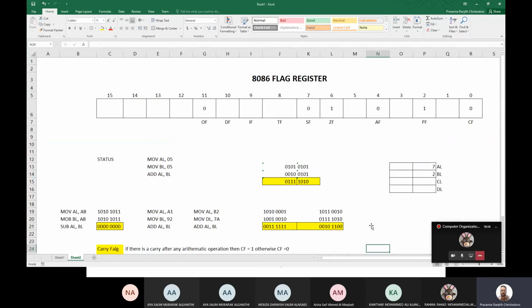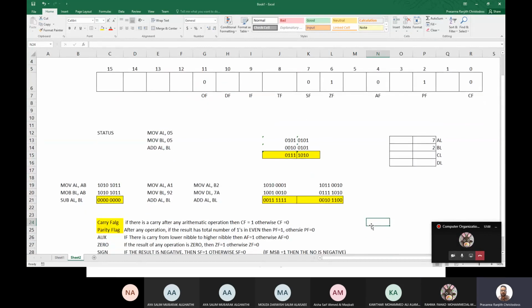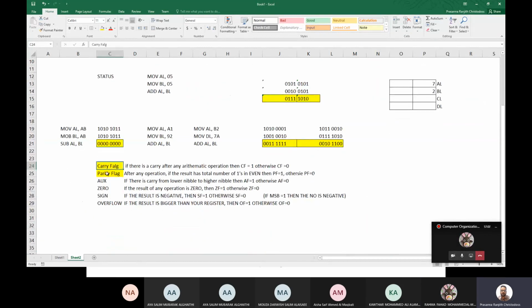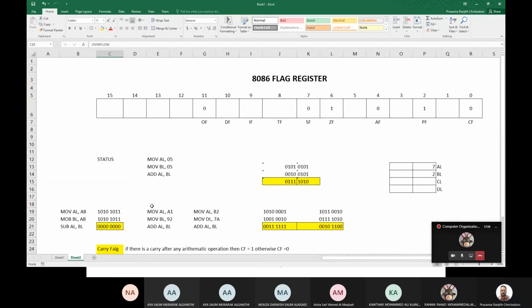So this is what the flag register is. You have to remember this: carry flag, parity, auxiliary, zero, sign, and overflow. Do you understand? Carry flag is set to 1 if there is a carry. Parity will be set if the number of 1s in the result is even. Auxiliary is set if there is a carry from the 4th bit to the 5th bit.